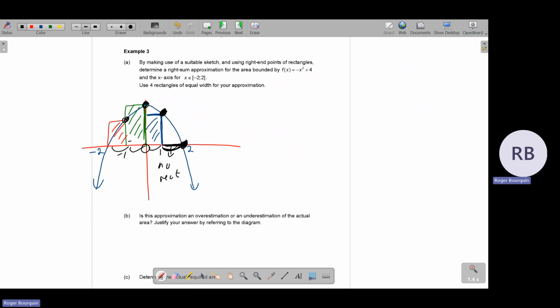In this case, the right side is on the x-axis, so there's no height to it. Okay. So this point over here would be -1 and 3. This point would be 0 and 4. This point would be 1 and 3 again.